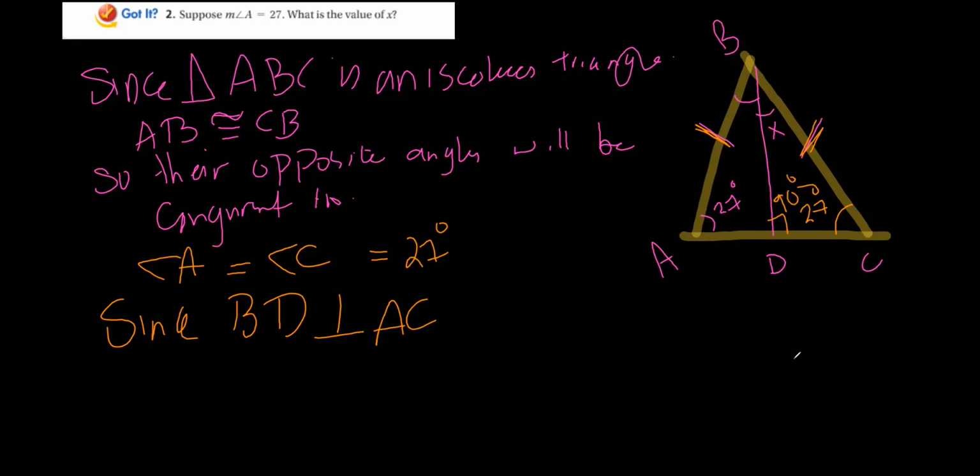Is it clear? Yes, teacher. Teacher, what is this word, opposite? Opposite means, if you have this triangle, this side is the opposite of this angle.